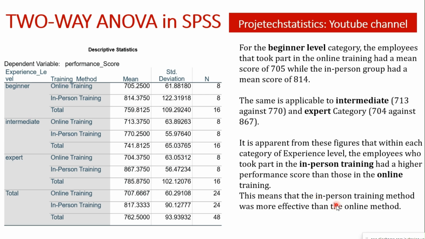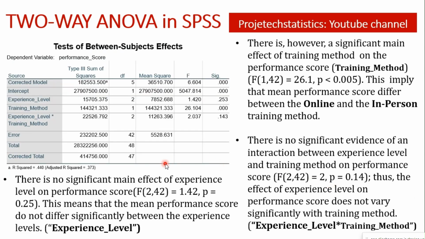So you have been able to use this experiment to answer that decision making question. So let me go to the other table, which is the test of between subject effects. This table is very important. If you look under the source column, we have the experience level, the training method, and the interaction.